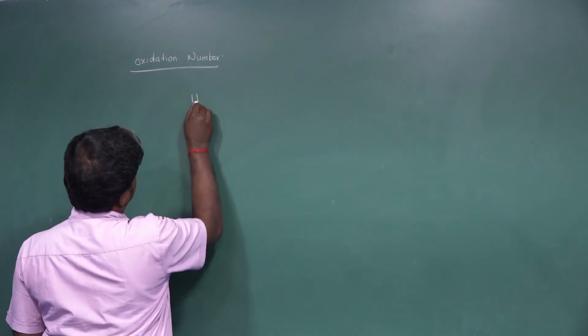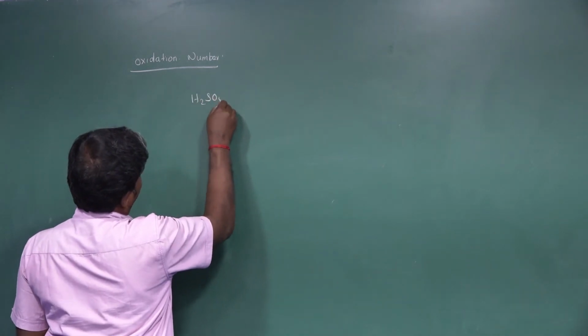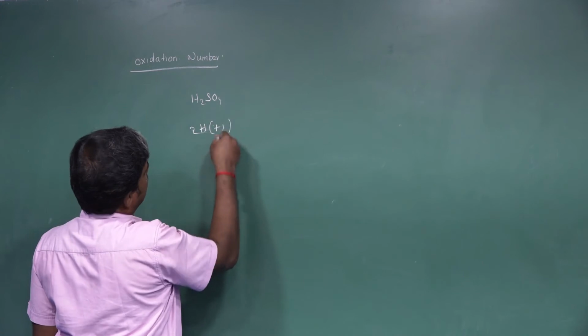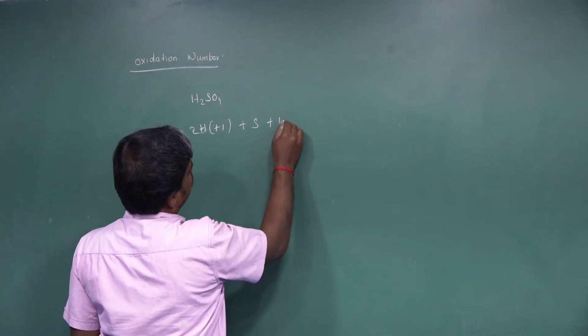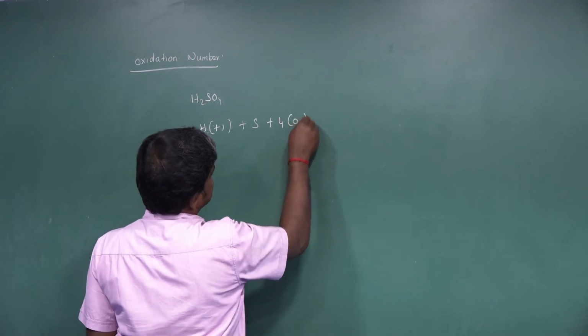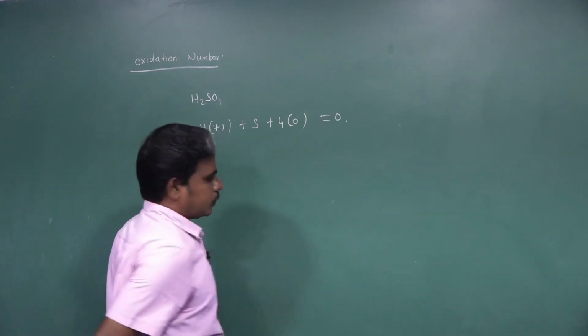Suppose we are taking H2SO4. So 2 hydrogen at +1, plus 1 sulfur, plus 4 oxygen, is taken as 0.